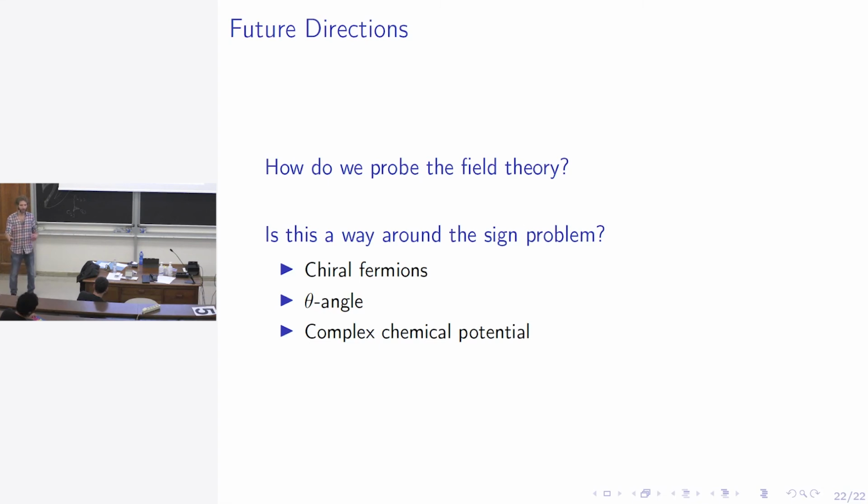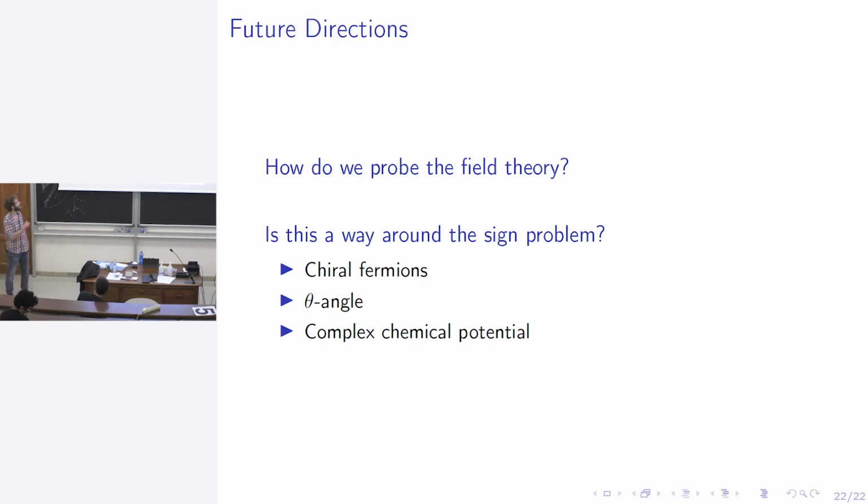You use these bootstrap constraints to relate maybe your expectation value before and after the RG transformation. This is very early days, so we're thinking about this right now.